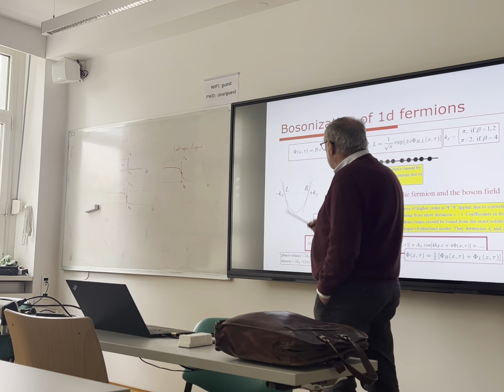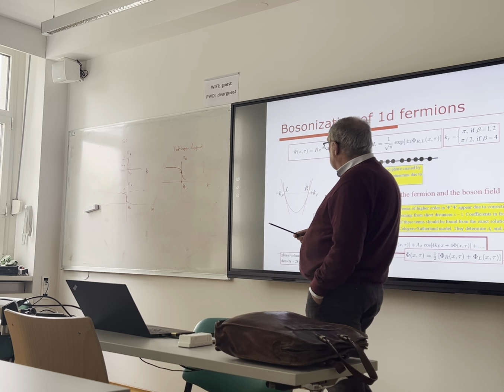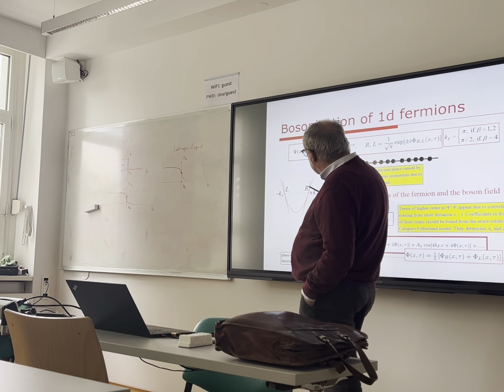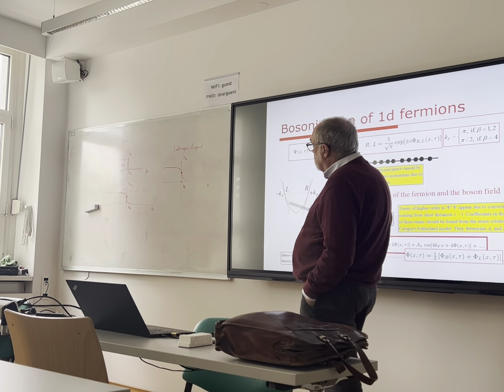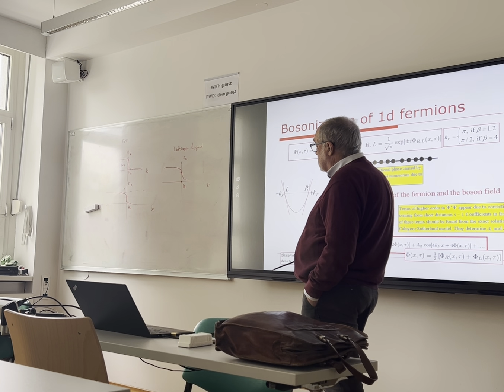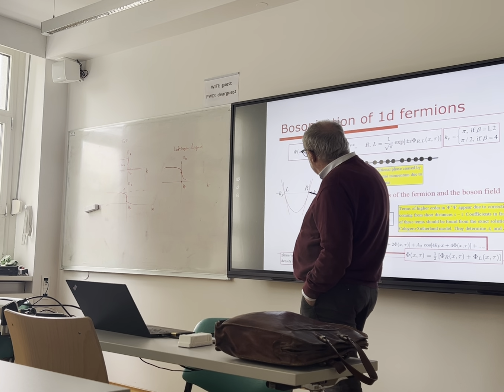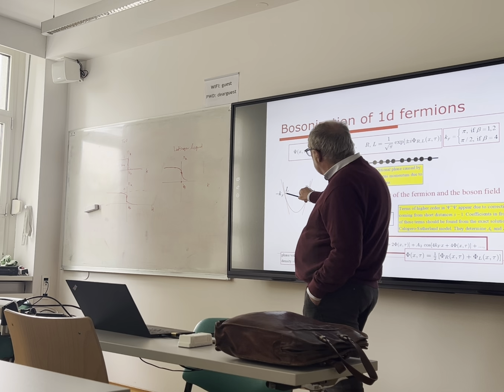And then there are 2 possible processes. One process is when your particle is scattered with a very large scattering momentum and is transferred from this point to the vicinity of that point.